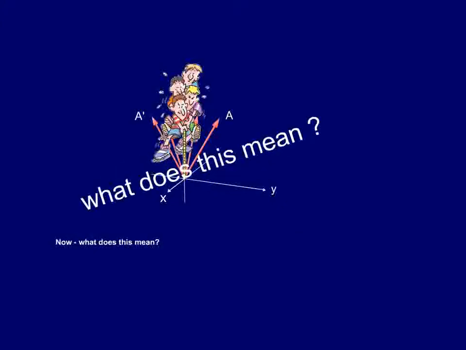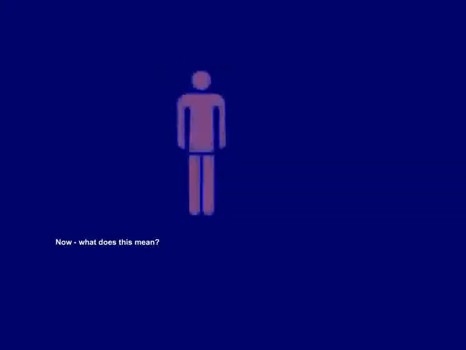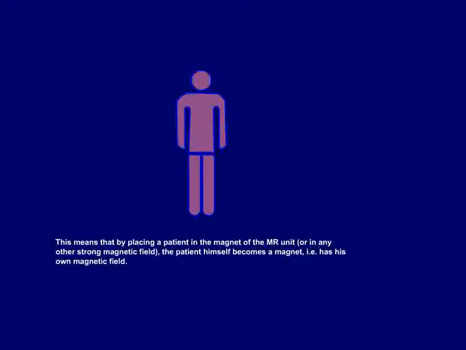Now, what does this mean? This means that by placing a patient in the magnet of the MR unit, or in any other strong magnetic field, the patient himself becomes a magnet. In other words, he has his own magnetic field. Why?